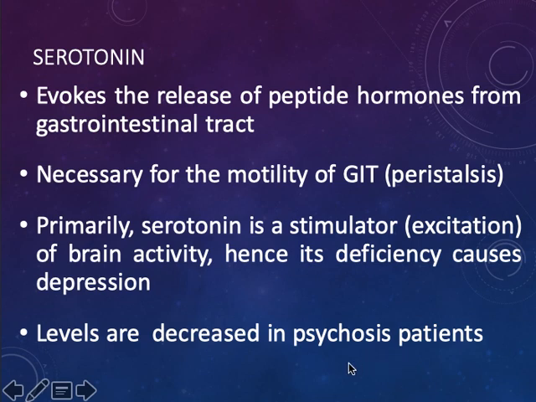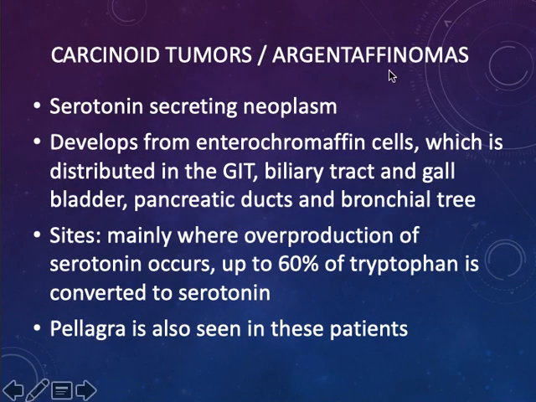So we'll go on to another topic, the carcinoid tumor, which we also call argentaffinoma. When we talk about this, it can come as a short note or a viva question for you. So what is it? It is a serotonin secreting neoplasm, developing from the enterochromaffin cells.